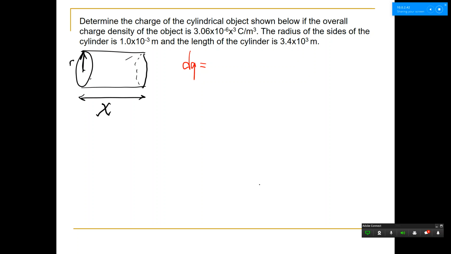Are we dealing with a length, a surface area, or a volume? Volume, okay. So there's going to be an expression of volume in there. What's the variable for charge density for volume? Rho, exactly. So I have dq is equal to rho, and then what else is next to it? Delta volume, but here I have small dq, so I'm going to have small d volume. Okay? That's how I'm going to start this.